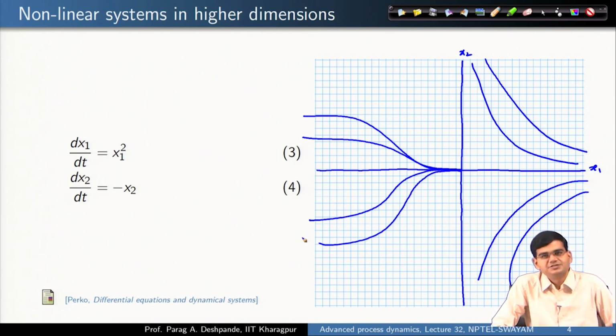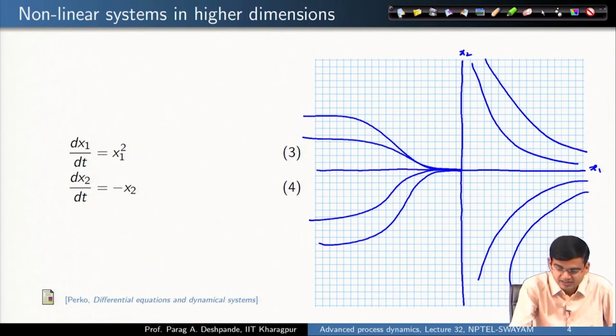Now, this is strange because we have never come across any situation till now, in the analysis of linear systems, where the phase portrait would look like this. This is very different.